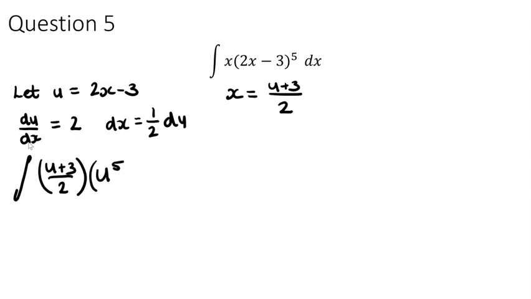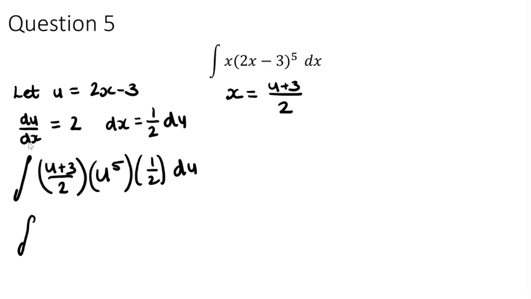We've got u to the power of 5, just replacing what's in the bracket with a u, and that's being taken to the power of 5. And your dx gets replaced with a half du. It's kind of weird with what I've done in the brackets, but I'm trying to show you how we replace each bit by bit. So what I can then do is start multiplying this all together.